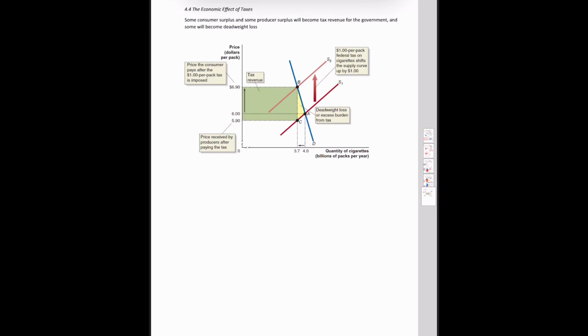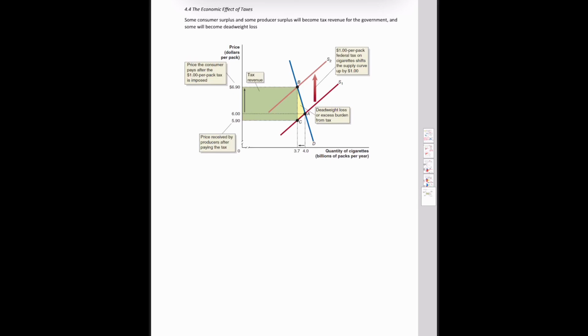Finally, we got to economic effects of taxes. Again, taxes are one of the most important methods the governments fund their activities. This section concentrates on per unit taxes, which are taxes assessed on a particular dollar amount on the sale of a good or service, as opposed to a percentage tax.